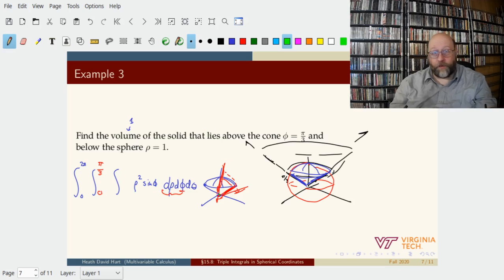If we start at the origin and just travel outwards, we always leave at the top of this sphere, and the radius stops at 1. So we go from 0 to 1. So that's a formula to find the volume of the solid. And then we could integrate that to work out the answer.